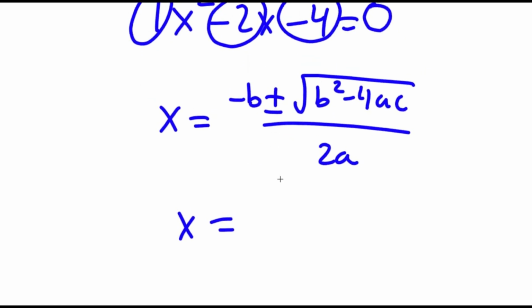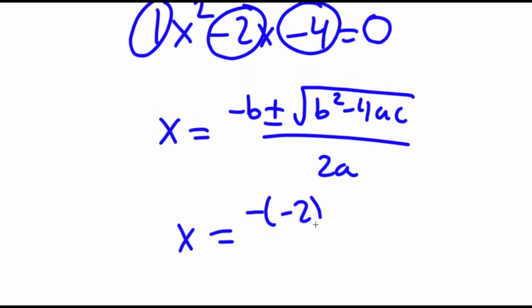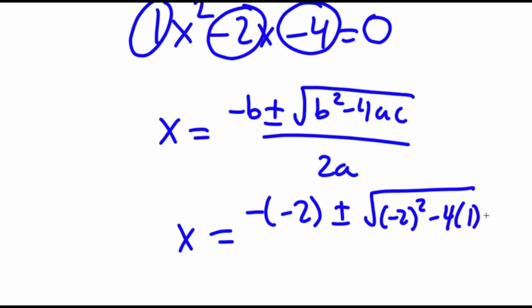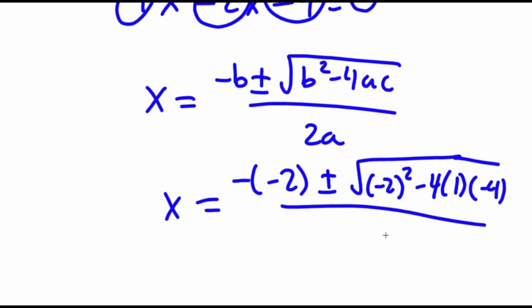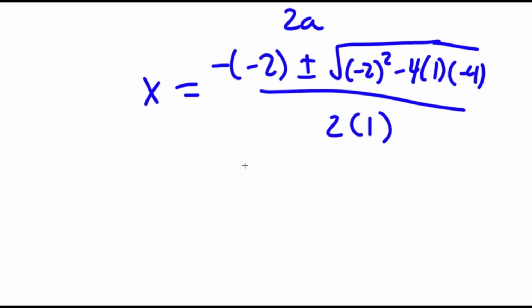So I have x is equal to -(-2) plus or minus the square root of b squared, so -2 squared, minus 4 times a, which is 1, times c, which is -4. And I have all of this over 2a, so 2 times 1.